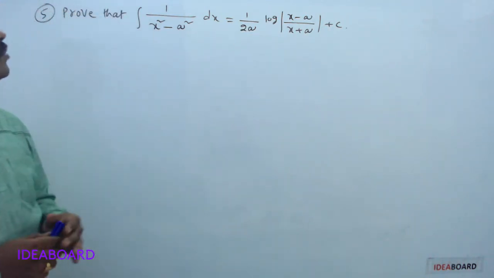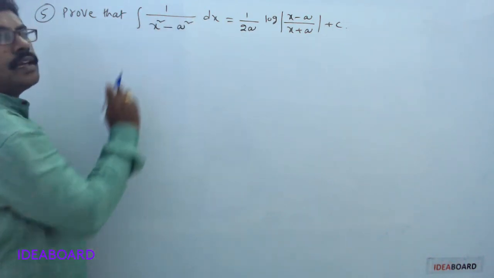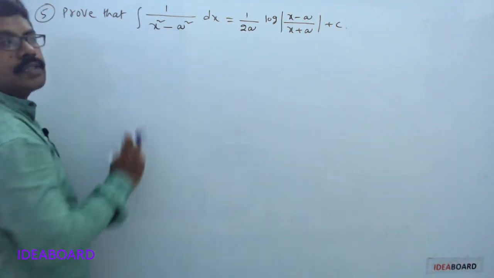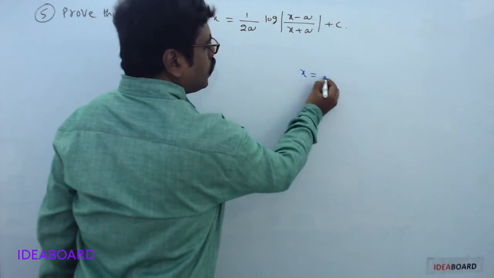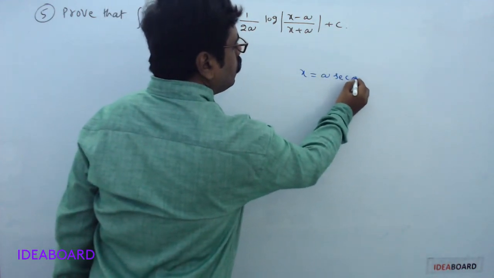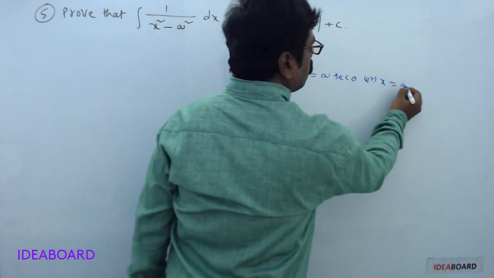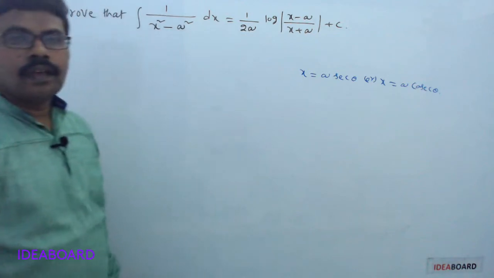If you observe the denominator, what is the denominator? x square minus a square. If the expression is x square minus a square, then you take the substitution either x equal to a into secant theta or x equal to a into cosecant theta.